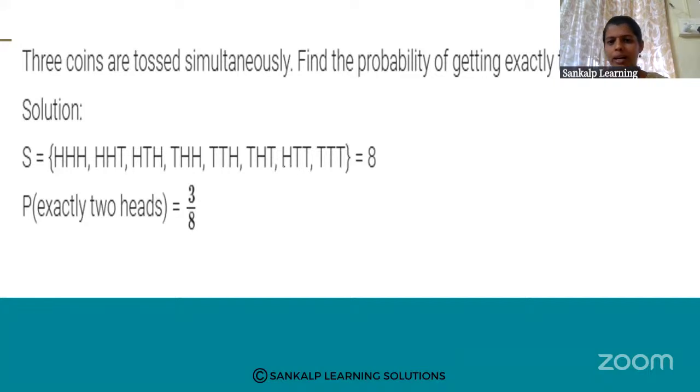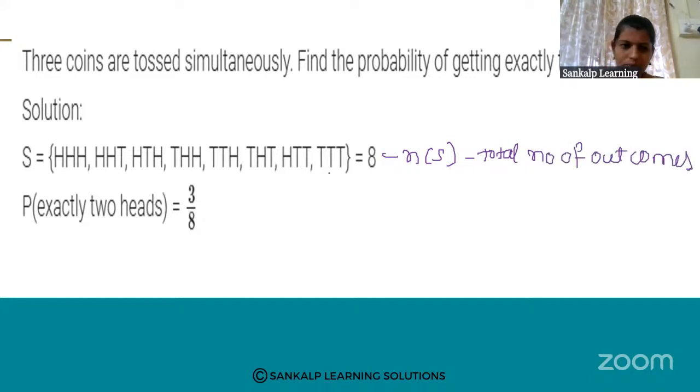So these are all the outcomes or events you will get. How many outcomes? 1, 2, 3, 4, 5, 6, 7, 8. 8 outcomes. So I will call it N of S, the total number of outcomes.